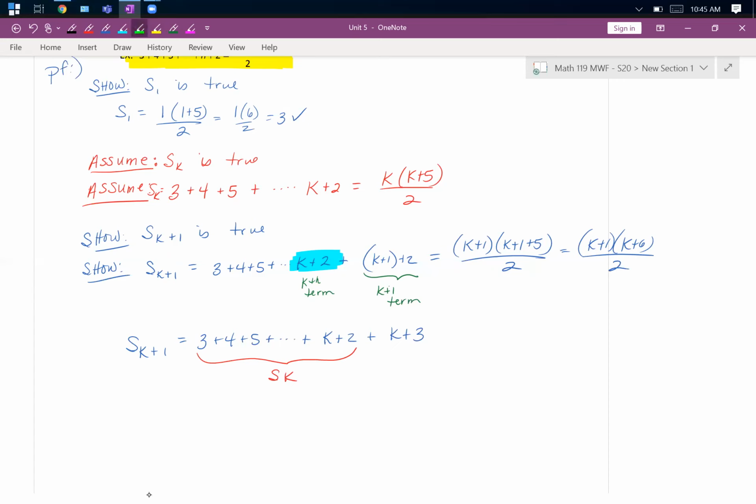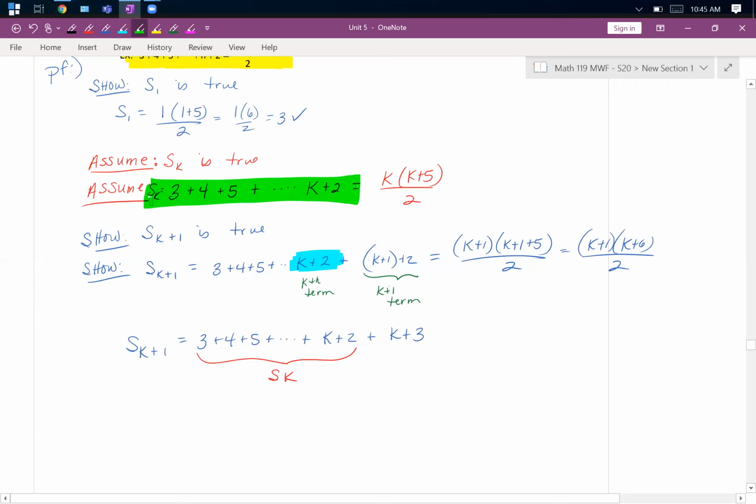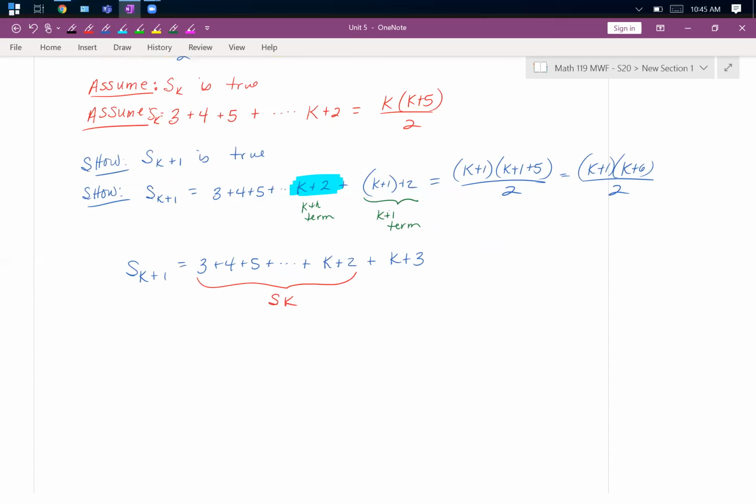If we take a look up here, we assume that that's S sub k, and we're assuming that that's equal to k times k plus 5 all divided by 2. So what we're going to do is substitute that beginning part with k times k plus 5 all over 2. Because that's equal to S sub k, and we set up here that that's what S sub k was, so we're just going to put it there instead of that list of numbers. But we still have this plus k plus 3 on the end, so we still have to keep that.